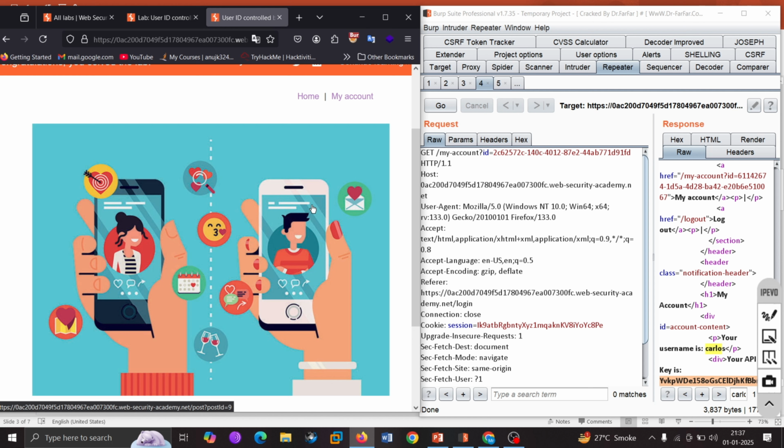And if I use that ID in my request, I get the response and API keys of his account, which is really sensitive information. Therefore, this is a horizontal privilege escalation, where I am able to access the functionality of a user with the same privilege level, which is another user, right?